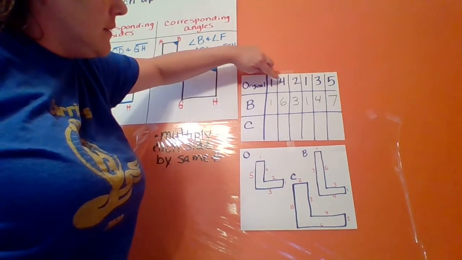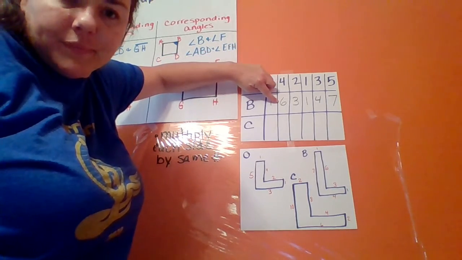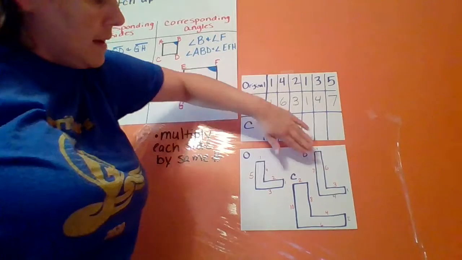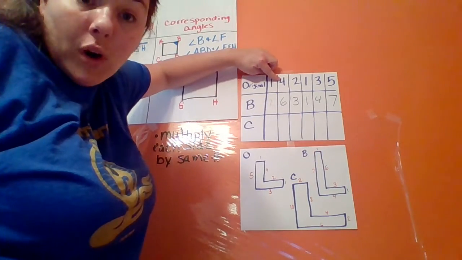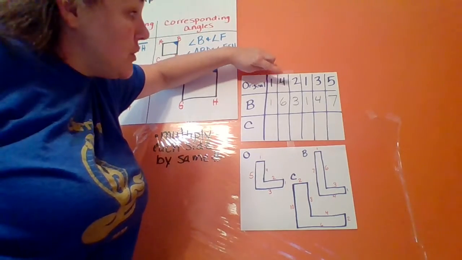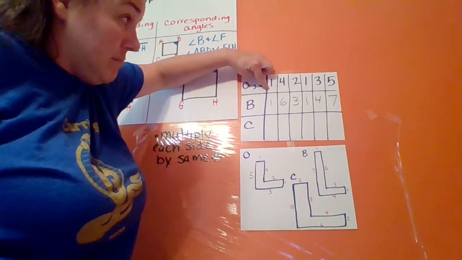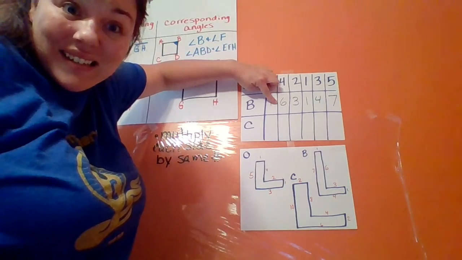All right. How do we get from 4 to 6? Because if B is a scaled copy of O, we should be able to multiply 4 by the same number that we multiplied the 1 by. So is 4 times, well, we did 1 times 1 is 1. So is 4 times 1 6?